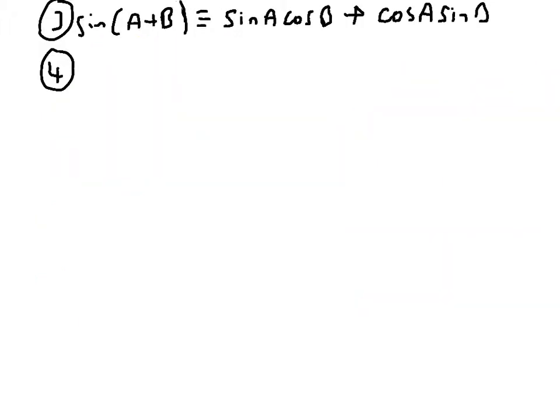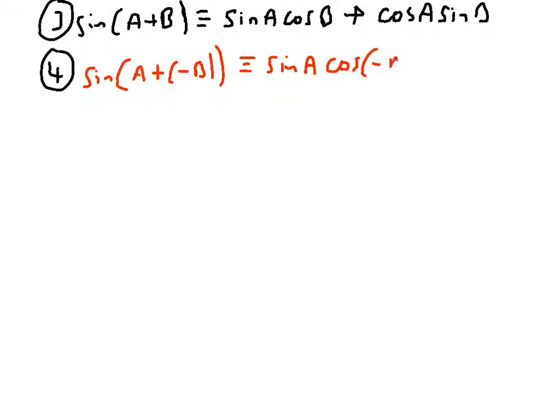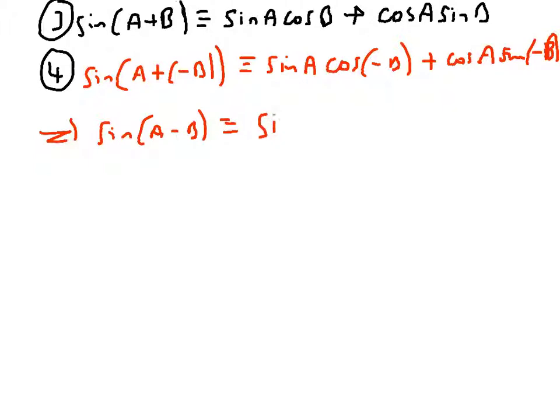So again, taking that last result, I can now find, similarly to the cos versions, sine of A minus B by putting this as sine of A plus minus B, replacing, so we get sine A as normal, cos minus B, plus cos A as normal, sine minus B. So this would be sine A minus B is always equal to sine A cos of minus B, even function, stays the same.